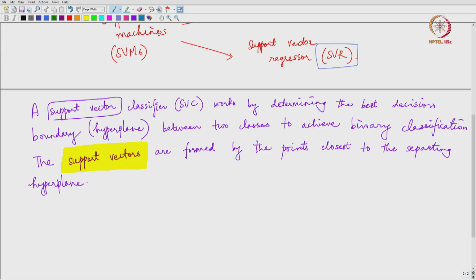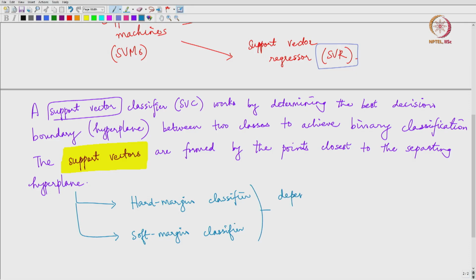So, like I said, your support vector classifier can either be a hard margin classifier or it can be a soft margin classifier, depending on how strictly the separation into two classes is enforced.